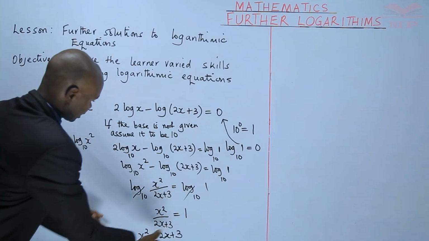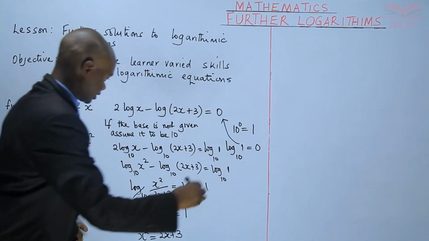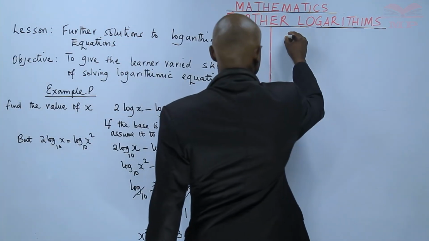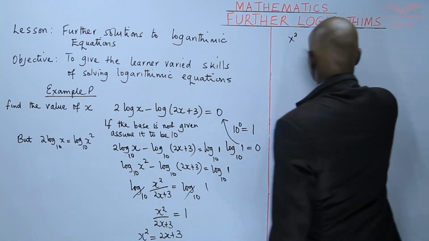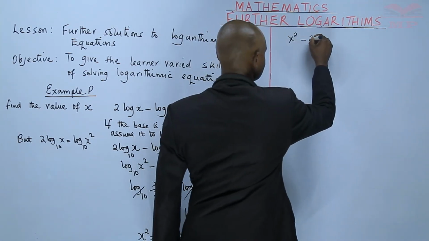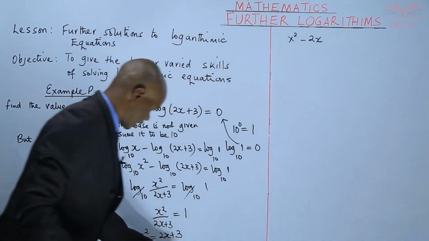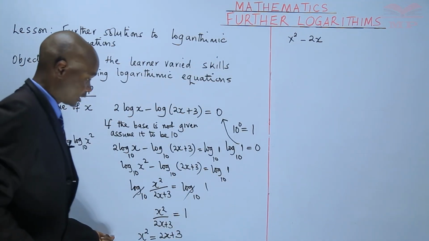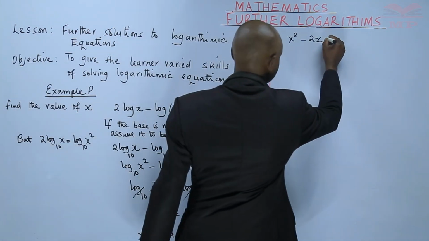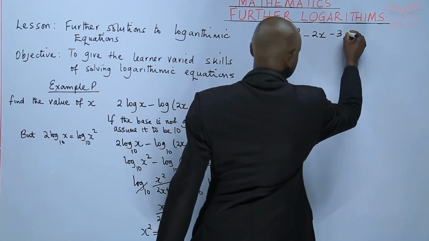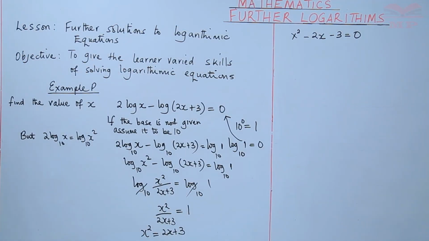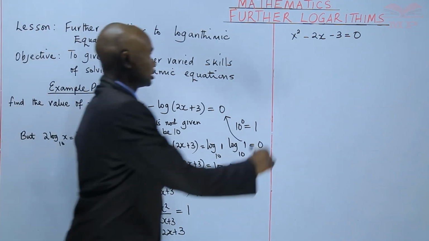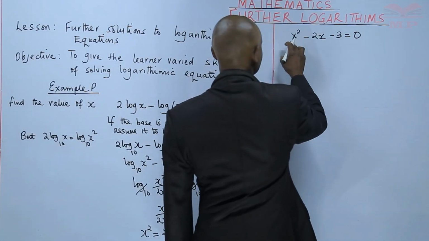I can bring it to the left hand side to make it a quadratic equation. So x squared minus 2x minus 3 is equal to 0.